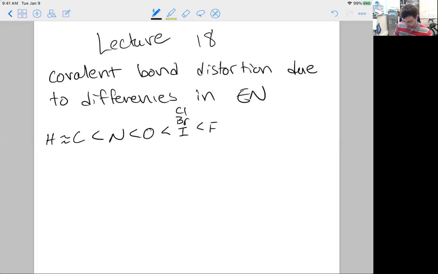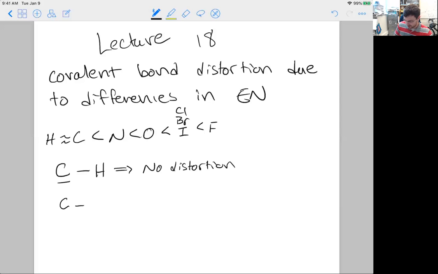Okay, with that in mind, we can start to think about the amount of distortion that we would see if we had two elements bonded. So let's focus on carbon. If carbon was bonded to H, we would see no distortion because they have approximately the same electronegativity.